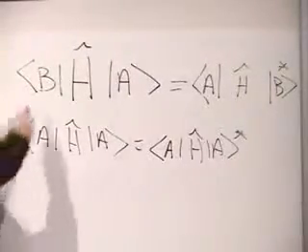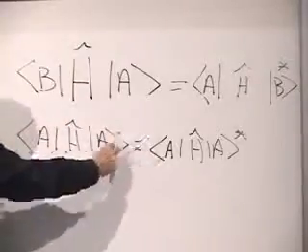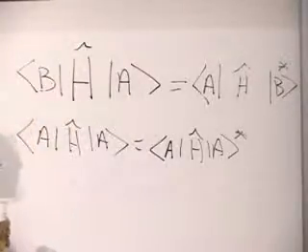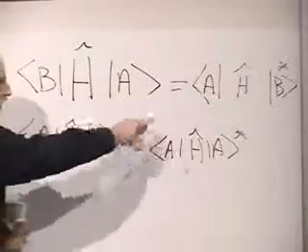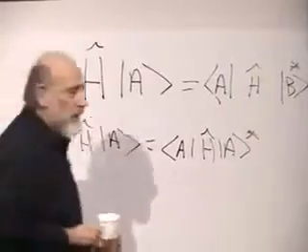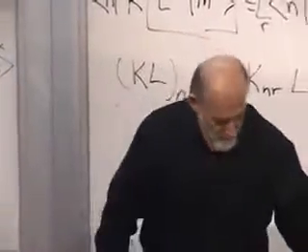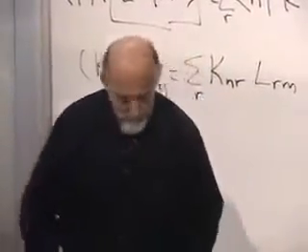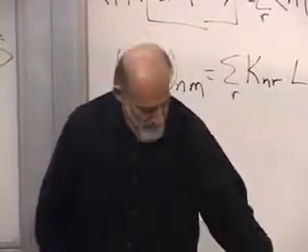The second equation follows from the first just by setting B equal to A, but it's interesting that the first equation also follows from the second. I will leave it to you to try to prove that. It's a couple of lines of proof, and if nobody can prove it, I'll do it another time.